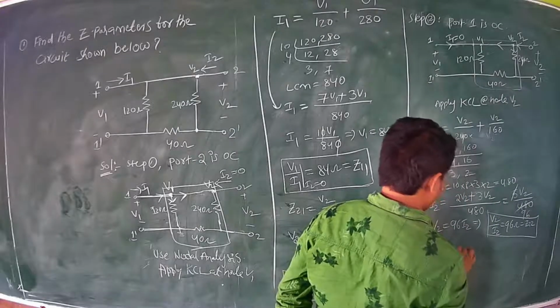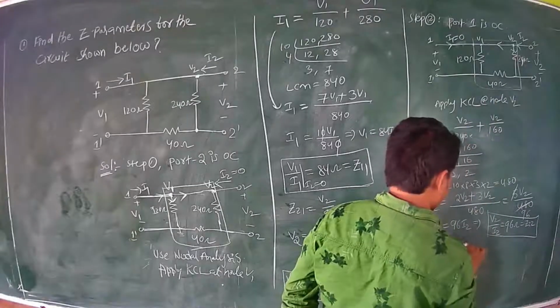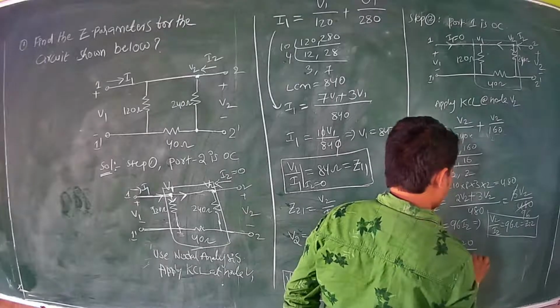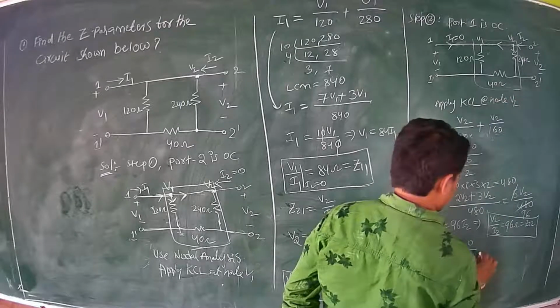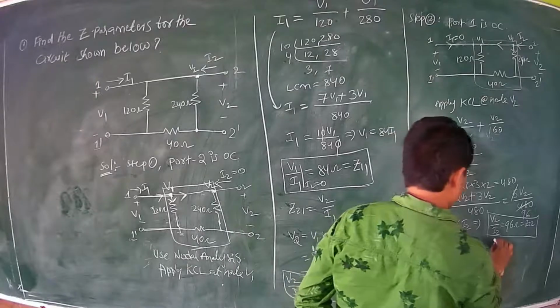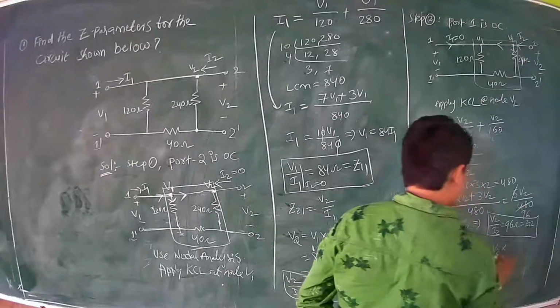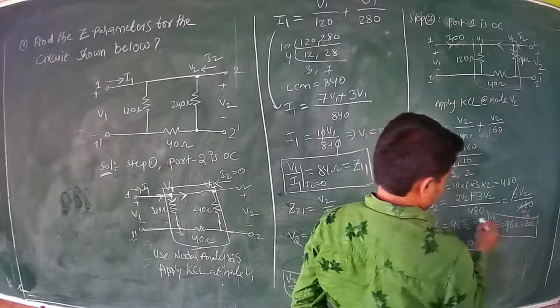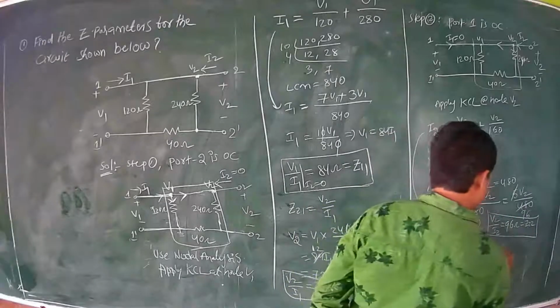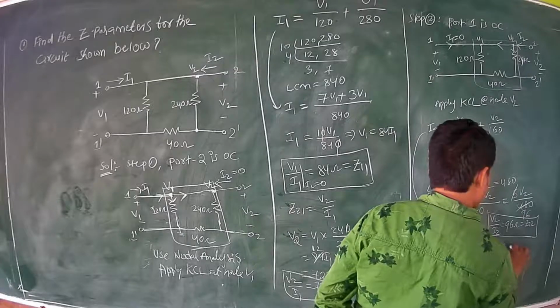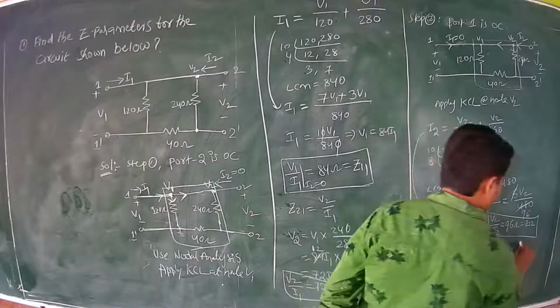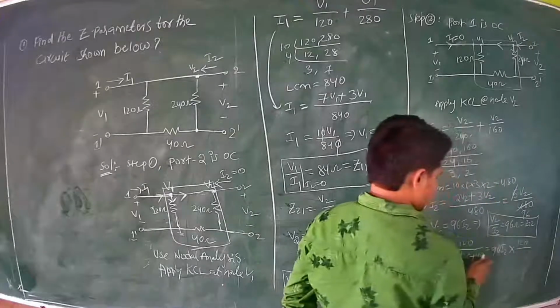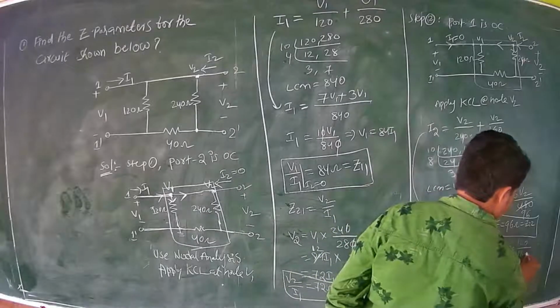So V2 into 120 by 120 plus 40. We already got V2 equal to 96 I2, so 96 I2 into 120 by 160.